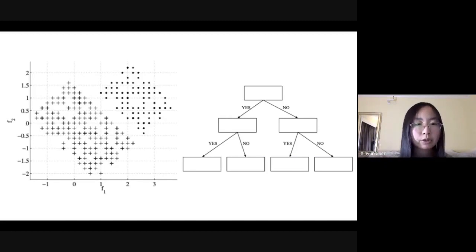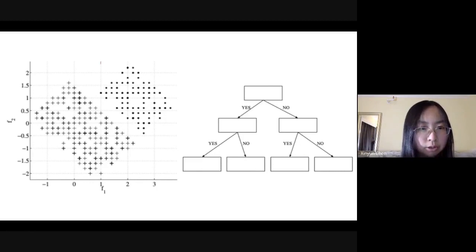So here we can do some initial attempts. For example, here we want to separate the plus and dots. First we can try to split over F1.